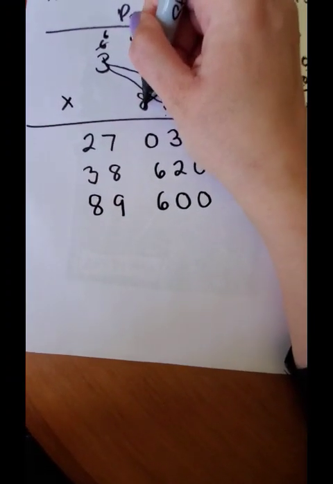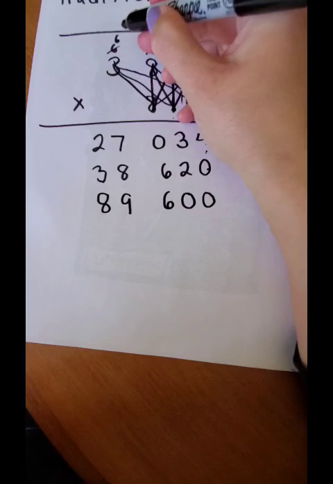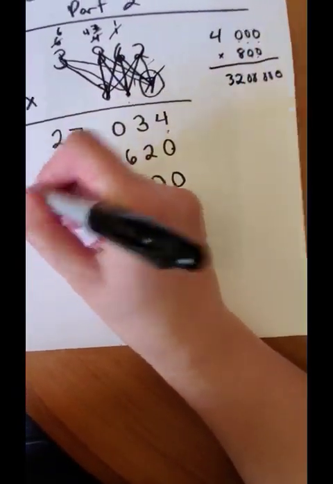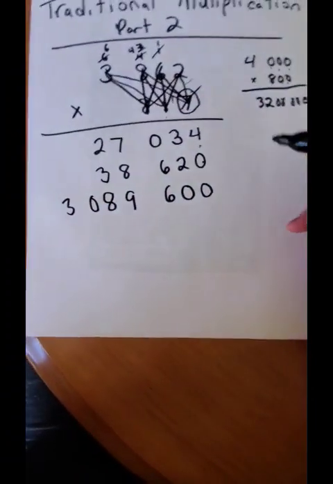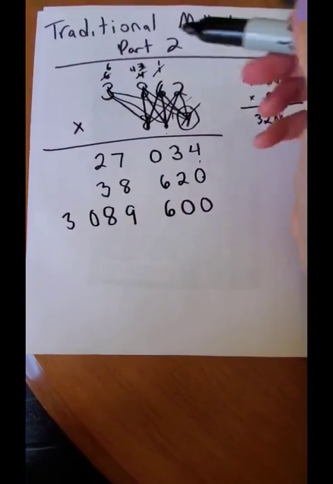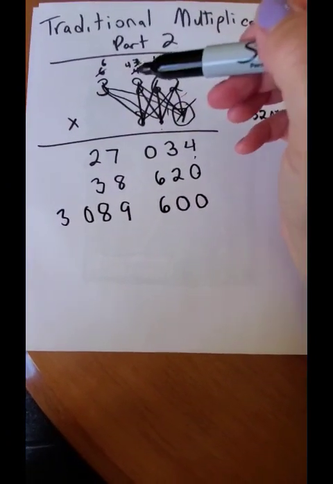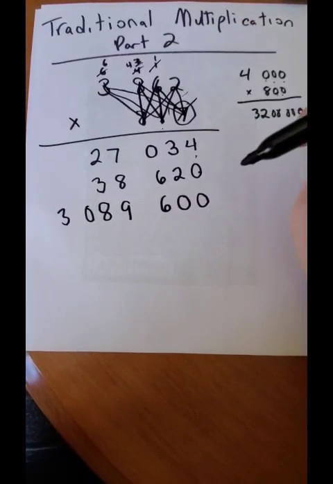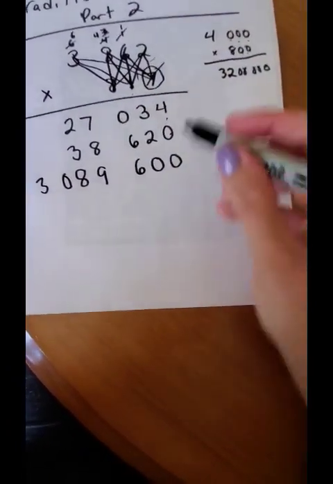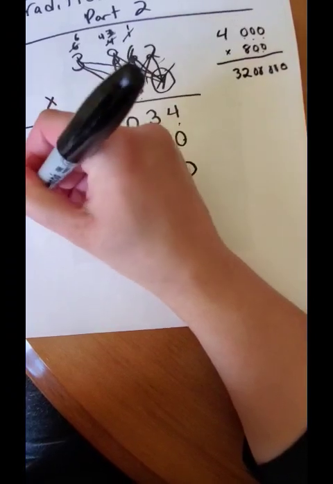And finally, 8 times 3 is 24, plus 6 is 30. All right, so this is why I like to draw all these lines so that I don't make mistakes or put things in the wrong spot like I mistakenly did here. All right, so now I have my 3 answers.